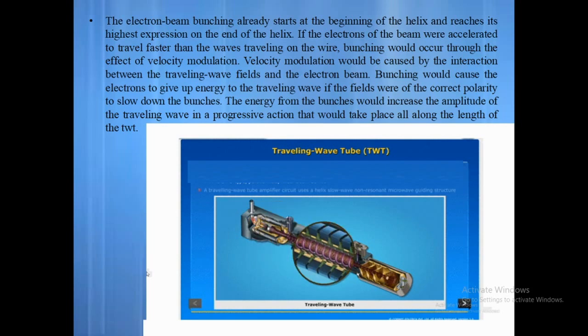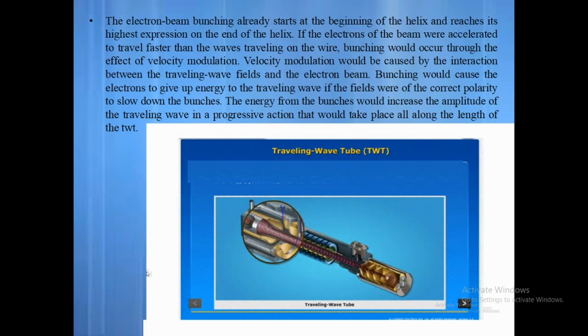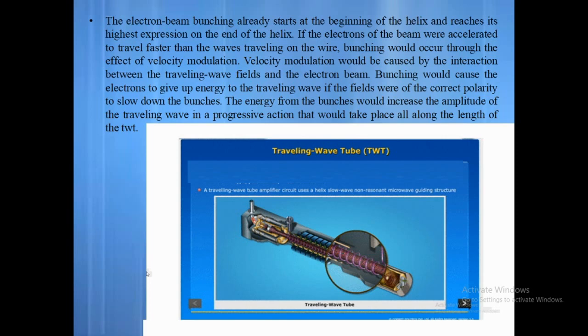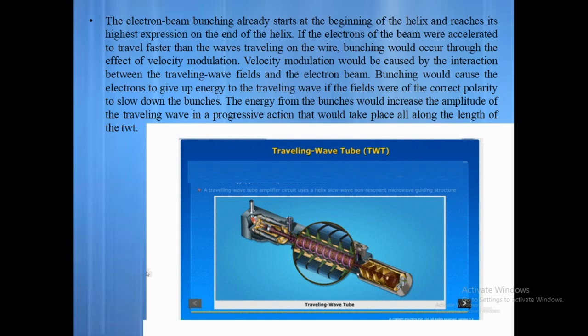The velocity modulation would be caused by interaction between the traveling wave field and the electron beam. Here, the velocity modulation occurs due to the traveling wave field, meaning the wave which is traveling in the helix, along with the electron beam which is traveling in the axial portion, at the center of the equipment.